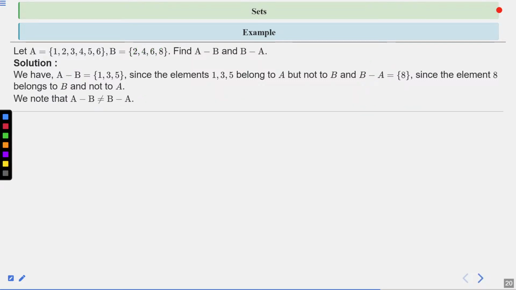And here we observed that in general A minus B is not equal to B minus A. The same also happens in real numbers: 2 minus 3 is not the same as 3 minus 2. One is a positive number, the other is a negative integer. Clear? I hope this example is clear to you.